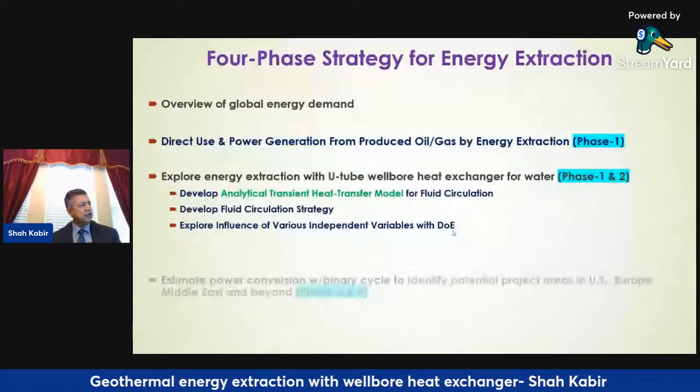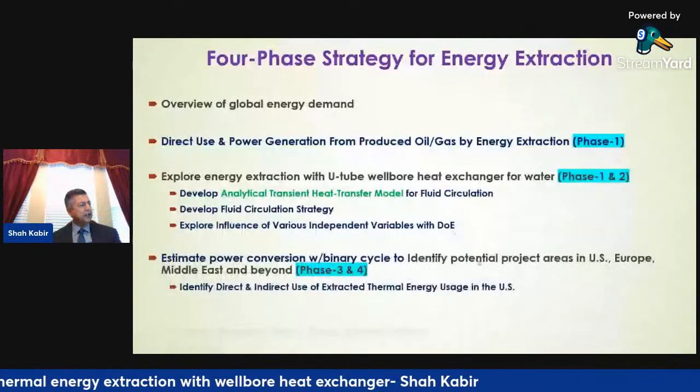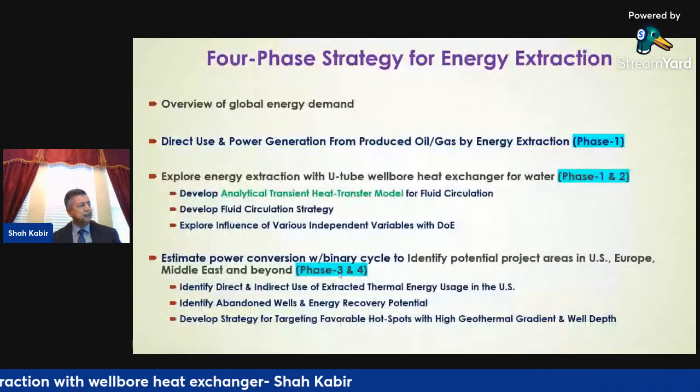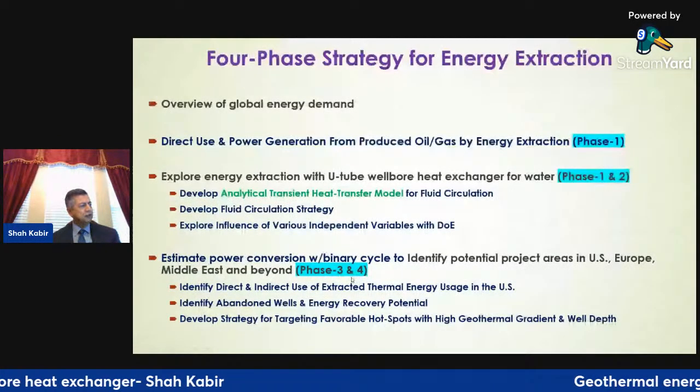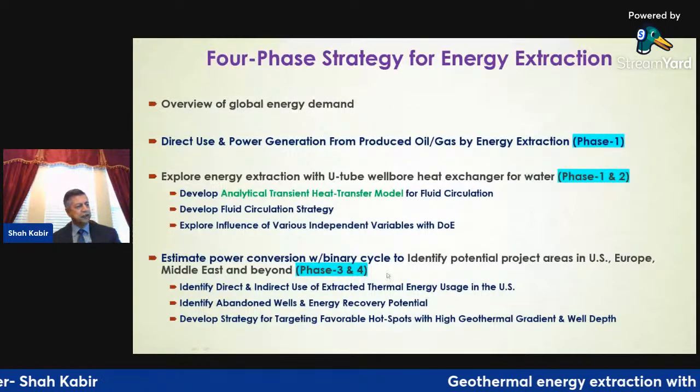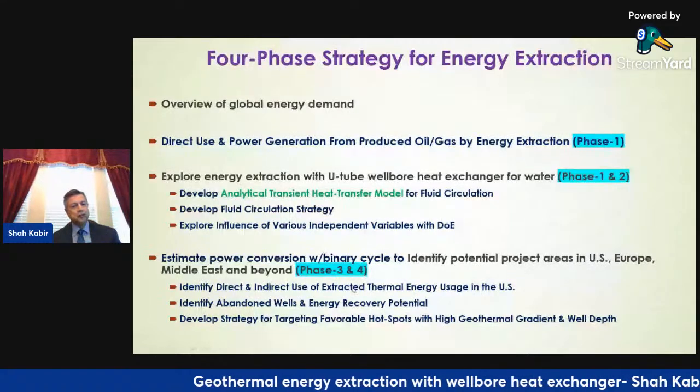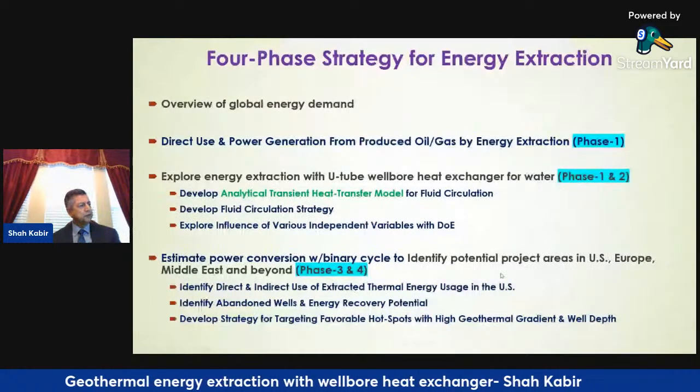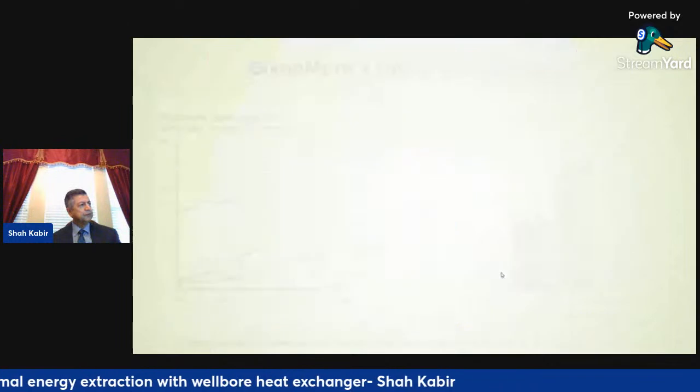I'll share some of that. Then we are in phase 3 and 4 status, but we will not have the time to get into that, so we will defer it to our next talk.